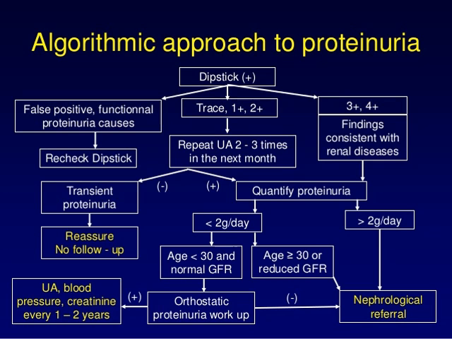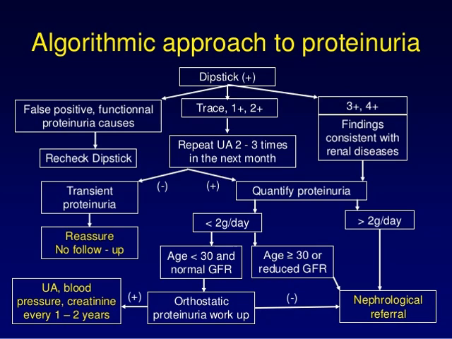Accordingly, as not every case of proteinuria is due to renal disease, we will go through this approach according to the dipstick results. Dipstick can be falsely positive, and all we have to do is to recheck. If dipstick is +1 or +2, we have to repeat 2 to 3 times in the next month.